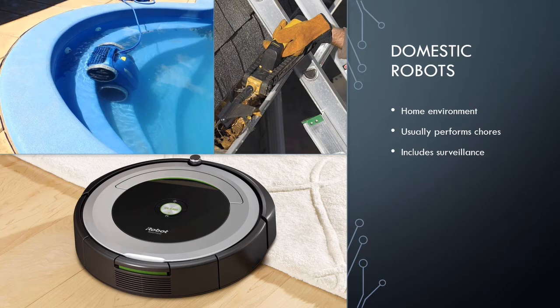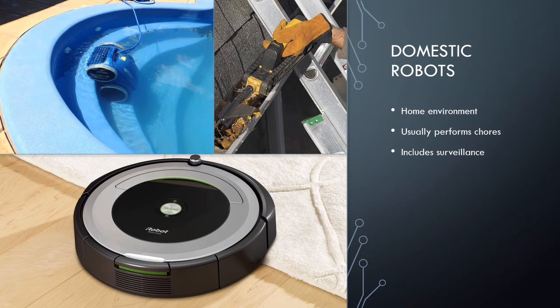We have pool cleaners, some gutter cleaners, and of course the iRobot vacuum, right? That's a huge one. I didn't add it here, but of course Alexa or some form of that, Google Home, those are all really big right now.